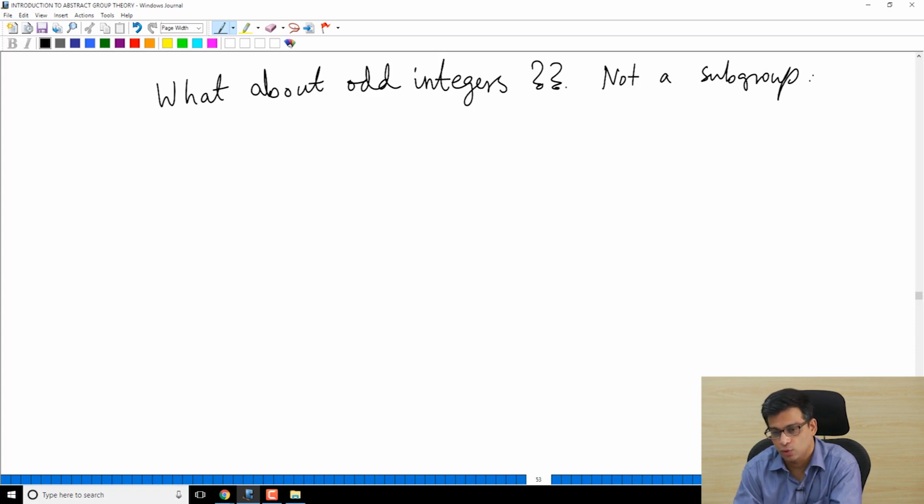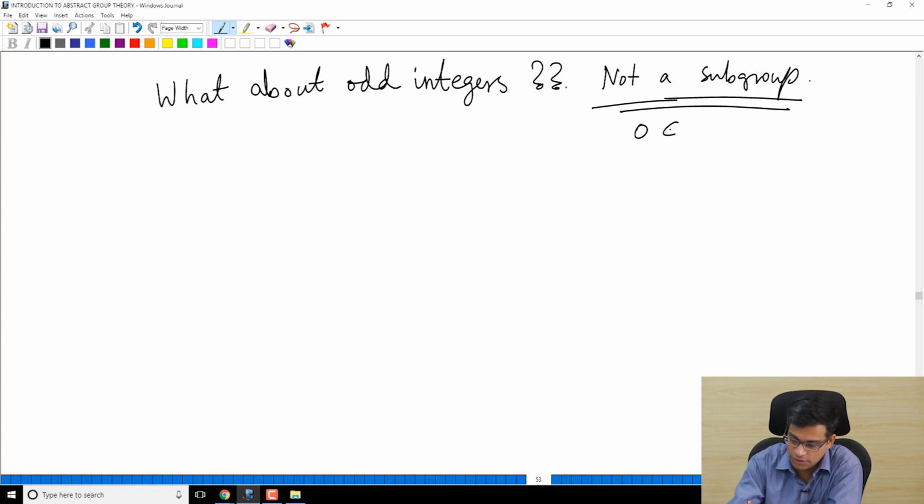You can take the sum of 2 odd integers and get an even integer. 3 plus 3 is 6. 3 is odd, but the sum of 3 and 3 is 6. Similarly, 0 is not there, because 0, for example, is not odd. So, odd integers do not form a subgroup, but even integers do.